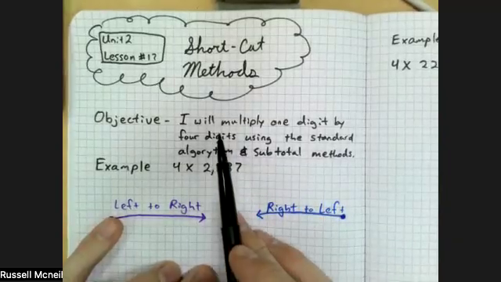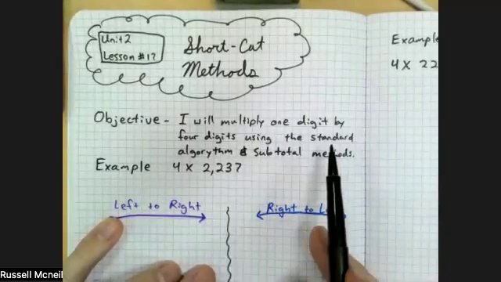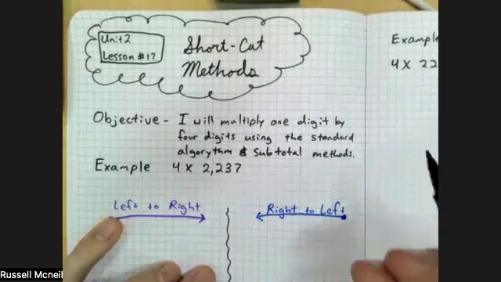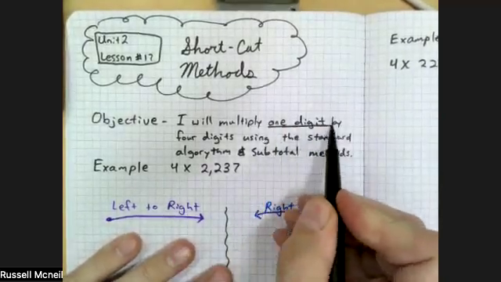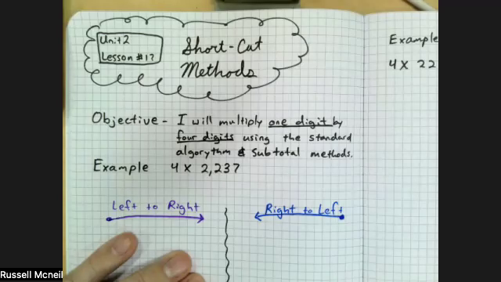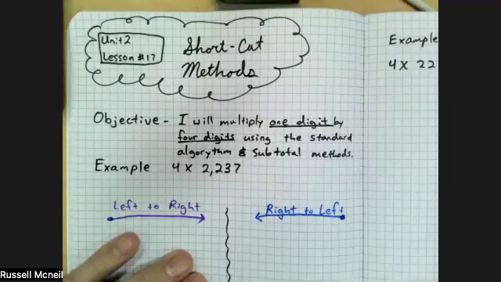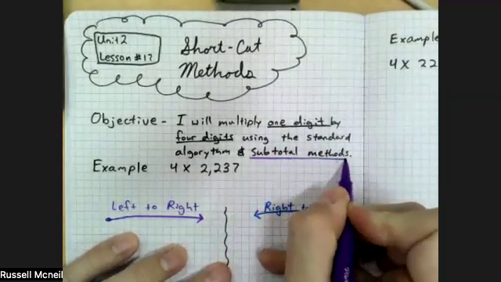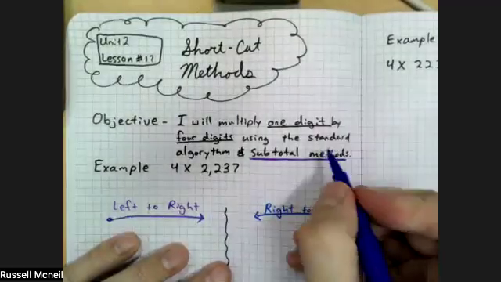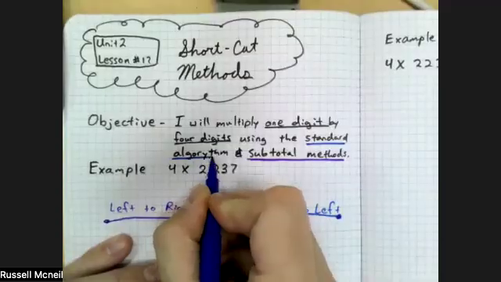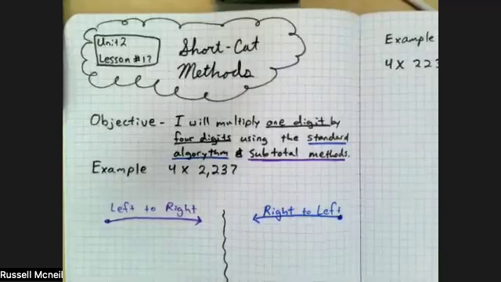Read it with me. I will multiply one digit by four digits using the standard algorithm and the subtotal methods. We've done both of these before, but let's highlight what we're working with. It's one digit by four digits. And we are working with the subtotal methods, and we are working with the standard algorithm, also known as grandma style. We've discussed that in class.